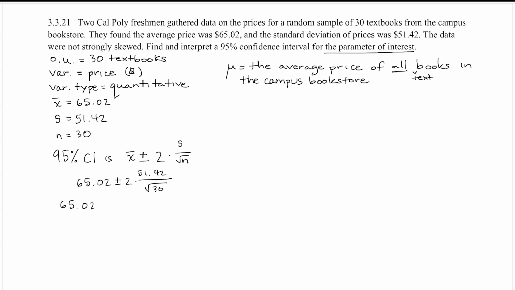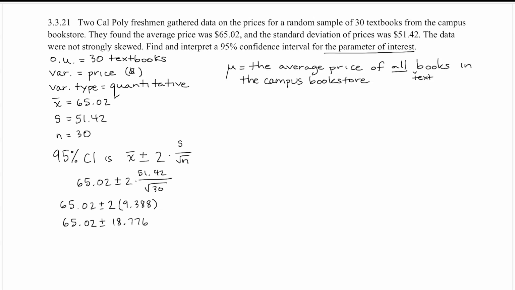And again, I strongly encourage you to actually do these calculations for yourself. Pause the video, do the calculations, make sure that you can get the correct answers. Let's start with just the SE, standard error value. If you take 51.42 and divide by the square root of 30, you should get 9.388.